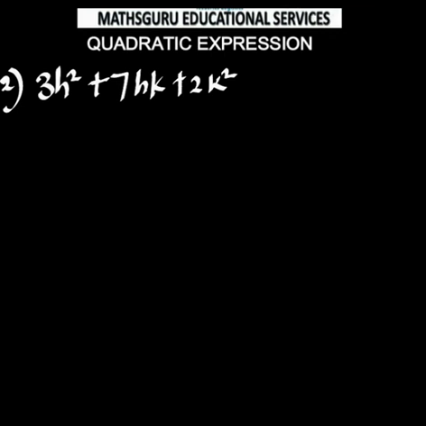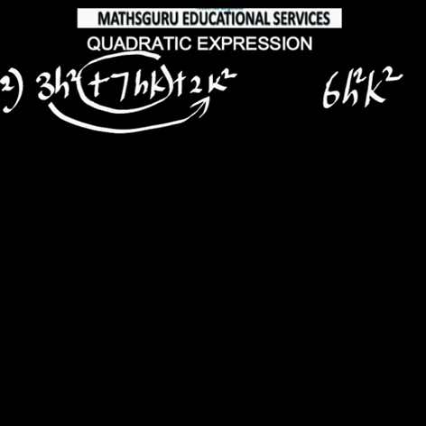As usual, we are going to multiply the first term and the last term. So we're going to have 3h squared times 2k squared, which gives 6h squared k squared. Then the middle term, don't forget, you're going to pick everything here. Positive 7hk.